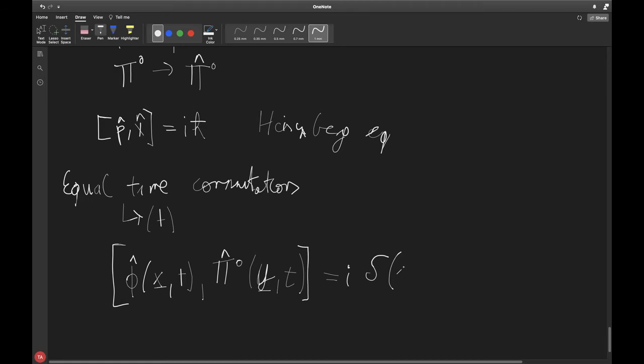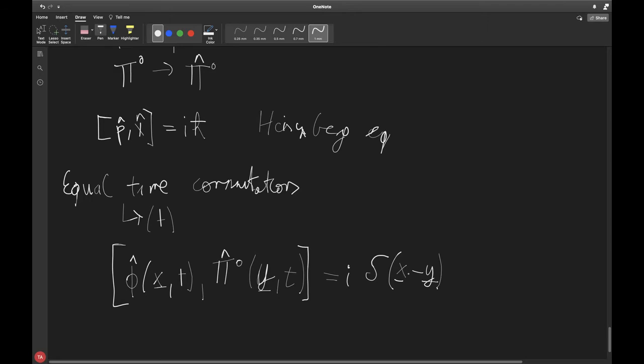The Dirac delta is a distribution, and it's only non-zero when x and y are the same, and otherwise it's zero, and also the integral of this is 1.